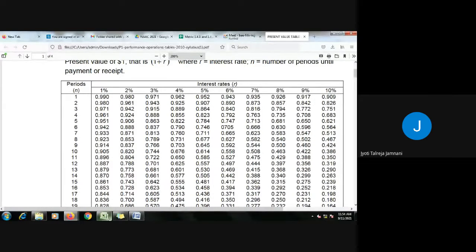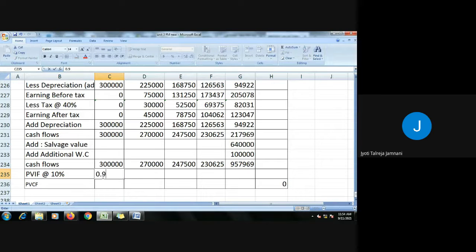Like 57,969. Now we'll find the present value interest factor at 10%.